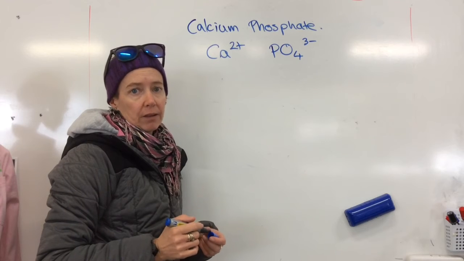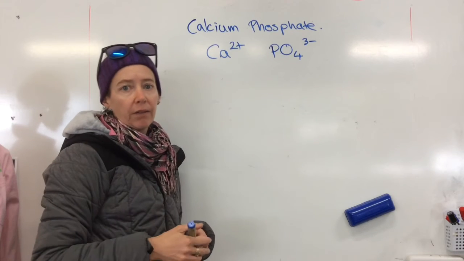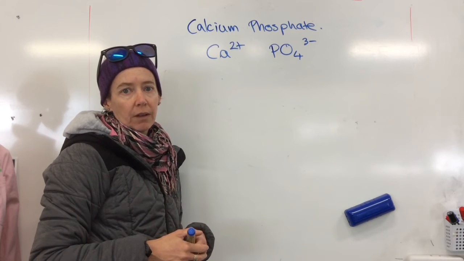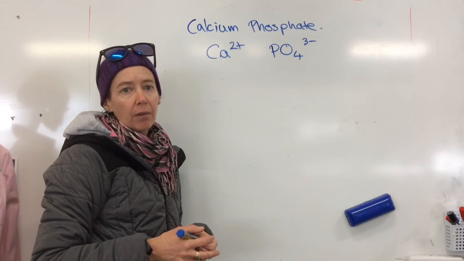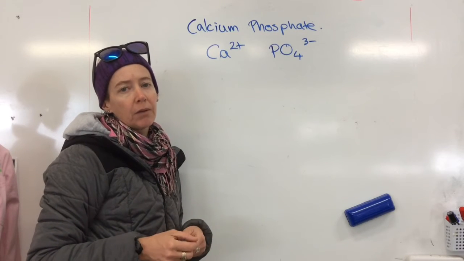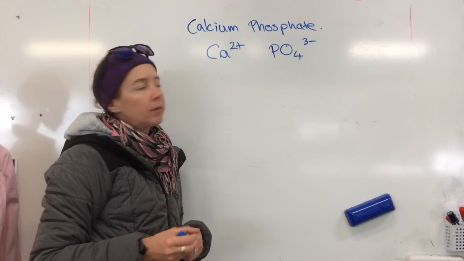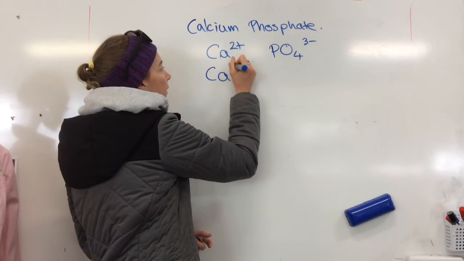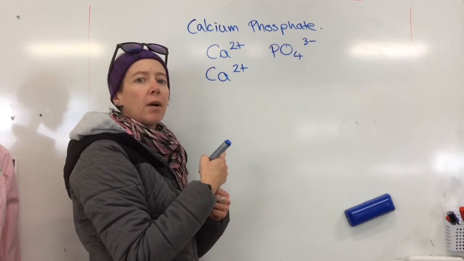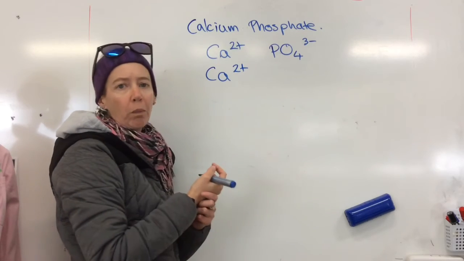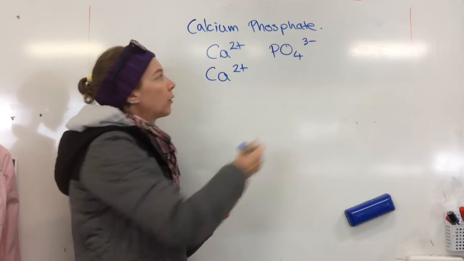They're definitely not balanced. I've got 2 positive, 3 negative. Think about it. I've got to have the same number of positive to the same number of negative. If I add another calcium ion, I get to 4 plus. I've got 3 negative over here.